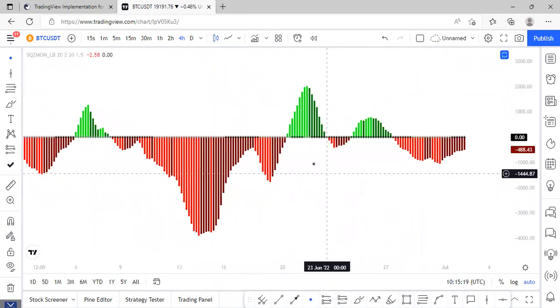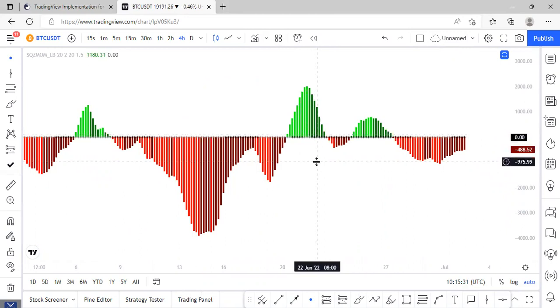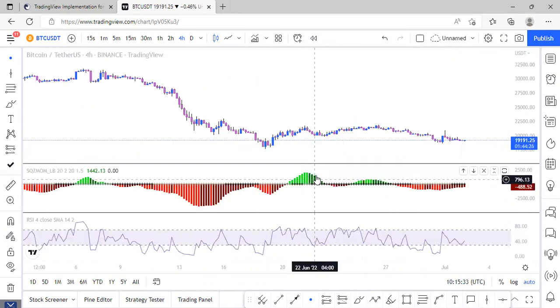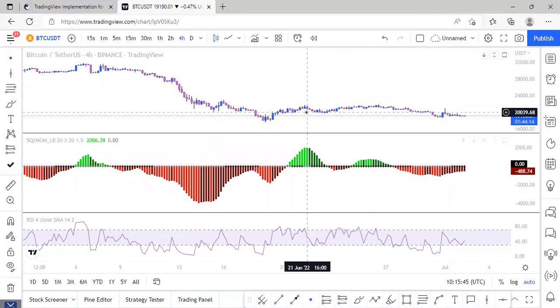How it works is when it is colored green, it is indicative that we are in a strong bullish momentum. And then when we have the green fading to dark, it means some signs of decrease. You can see strong bullish momentum, and then when the green started turning dark, you can see that the market started declining.